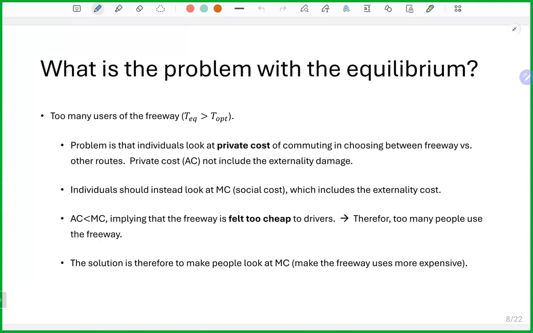But then we define the marginal social cost, which includes not just the private cost, but also the cost imposed on other people. So this is the marginal social cost, which includes your private cost and the cost borne by the society.